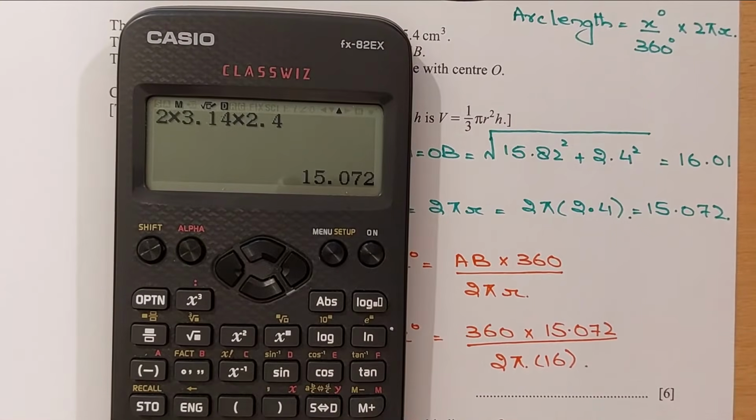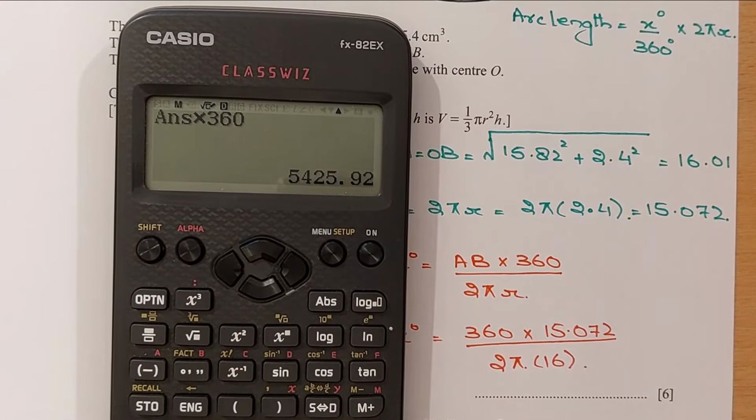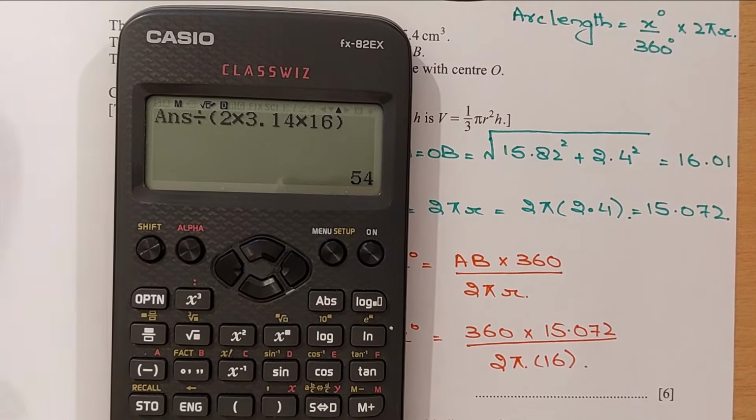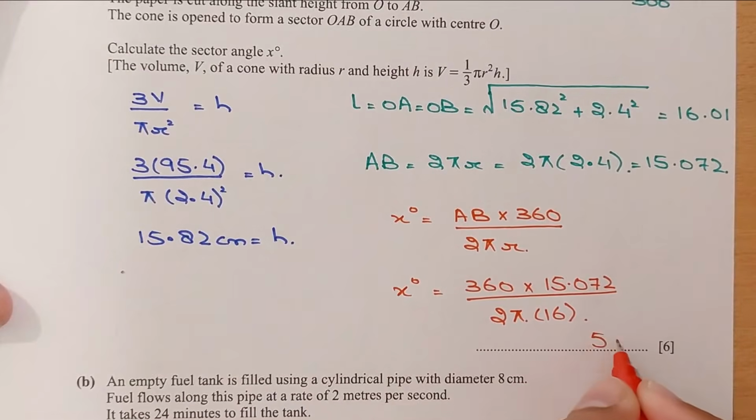Okay, this term times 360 is equal to this. Okay, so the answer divided by 2 times 3.14 times 16. So this is exactly equal to 54. That angle is 54 degrees.